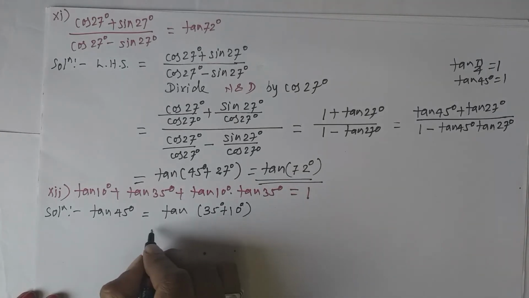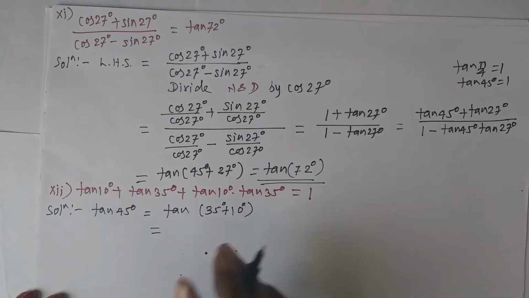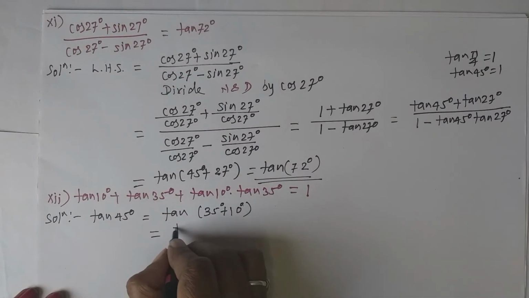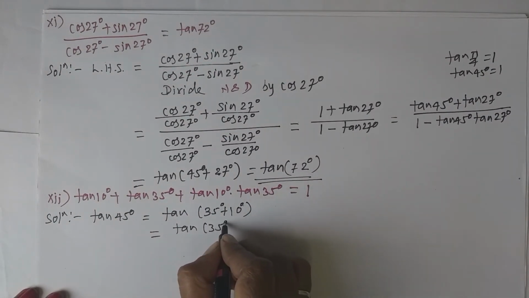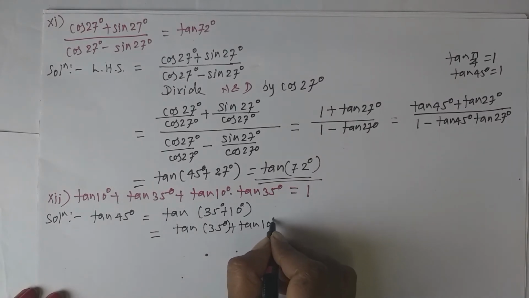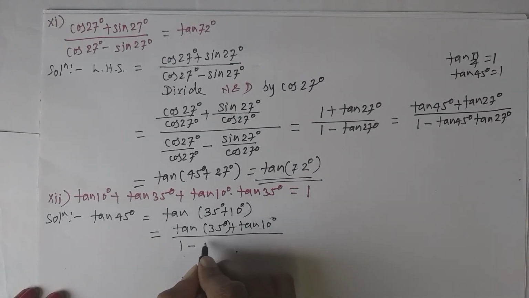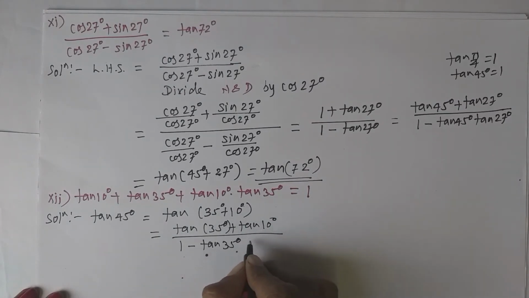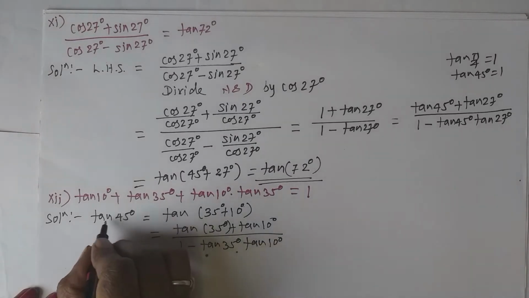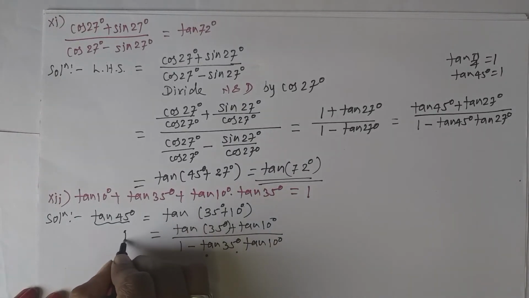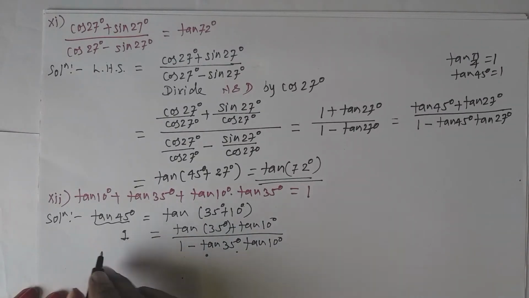Okay, and I will use the formula of tan A plus B here. And what is that formula? Tan 35 plus tan 10 divided by 1 minus tan 35 into tan 10. And what is the value of tan 45? Value of tan 45 is 1. I will keep that value 1 here and here. Take this side to the left hand side.